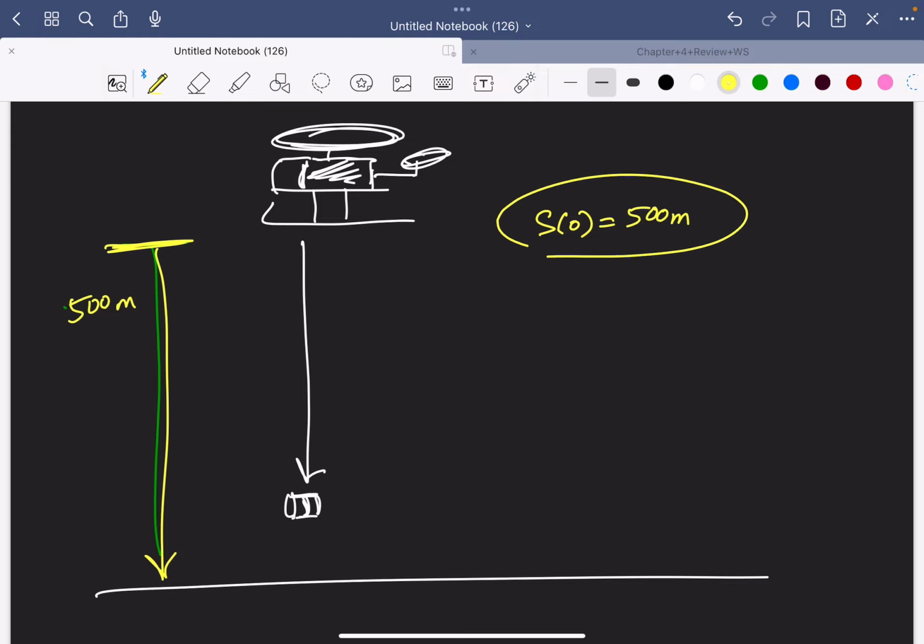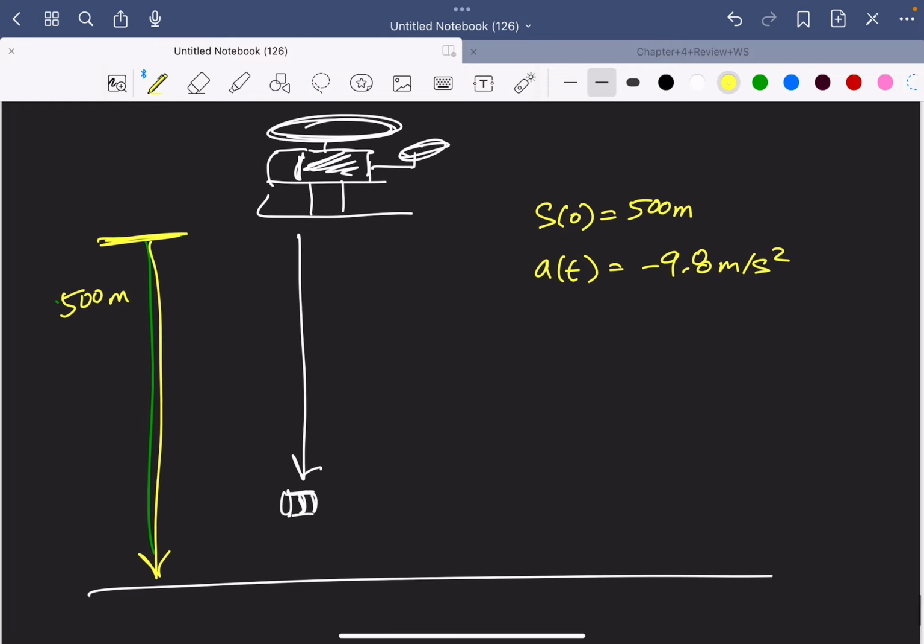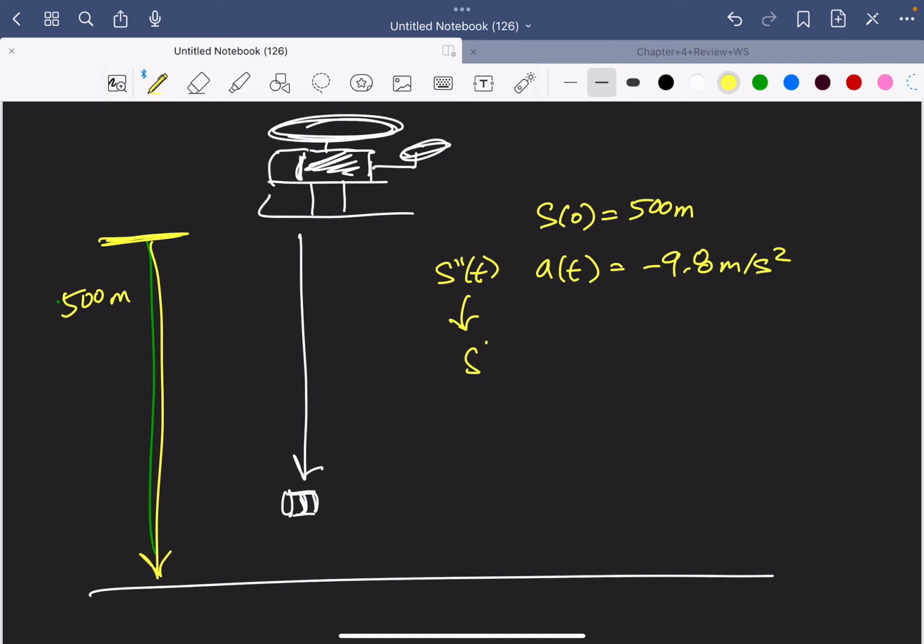So if this is our initial position, we know a couple other things. Acceleration due to gravity is negative 9.8 meters per second squared. So if that's true, then don't forget that's the second derivative. If I take one derivative, I'm at velocity, and I get negative 9.8 t plus some constant c.